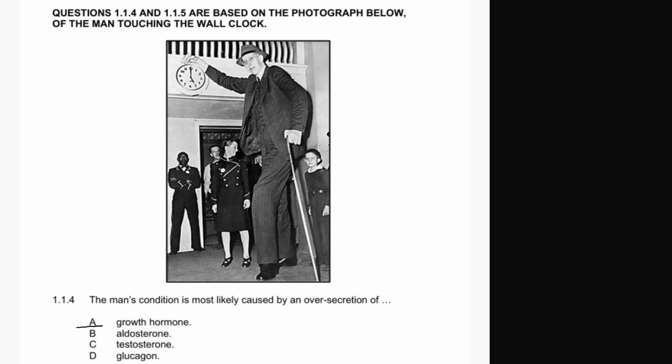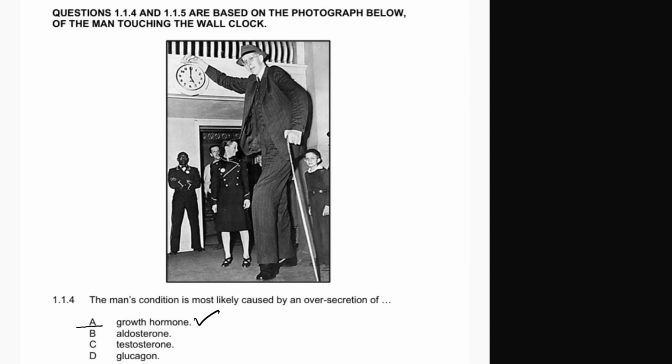Right? So option A, it is the correct answer. So that's why this old man here is touching the wall. It is caused by the over-secretion of a growth hormone.